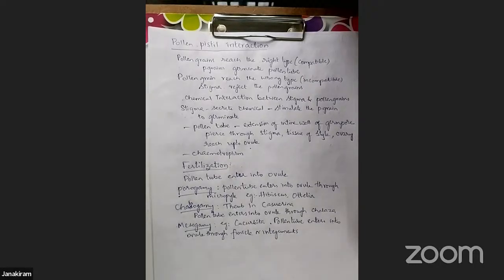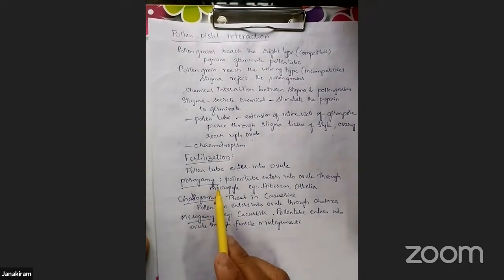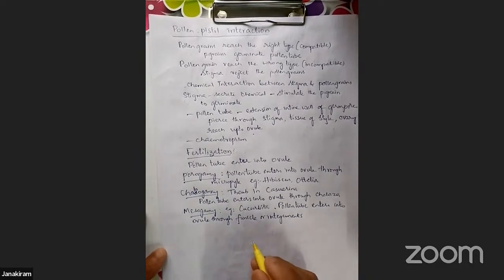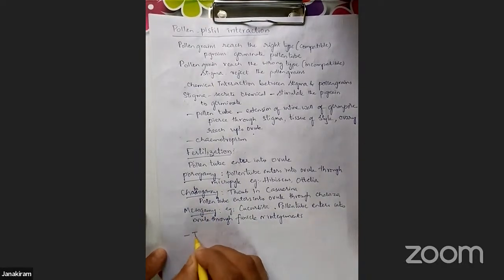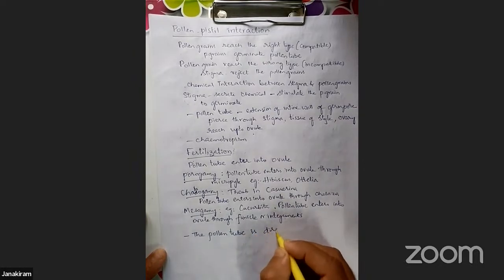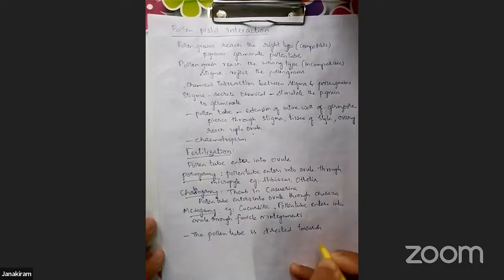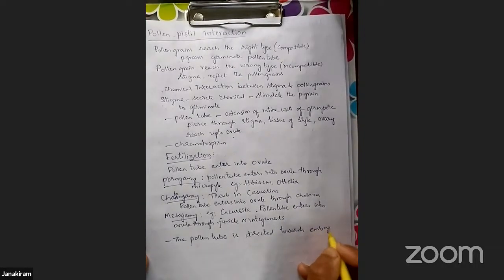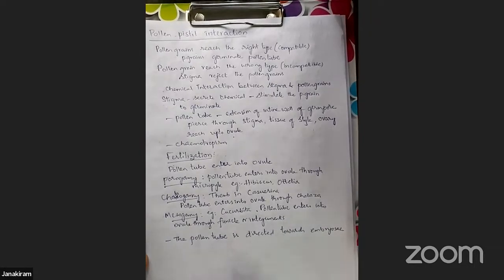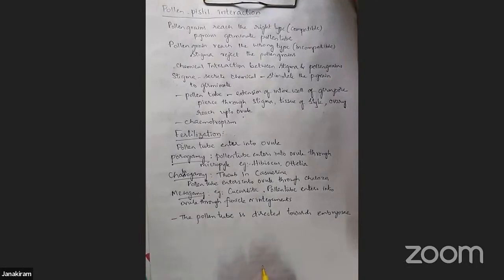So here, the pollen tube enters the ovule. After entry of the pollen tube into the ovule, what happens? The pollen tube is directed towards the embryo sac. Because we know that inside the ovule, nucellus is present, and in that nucellar tissue, a female gametophyte is present. That female gametophyte is called the embryo sac.